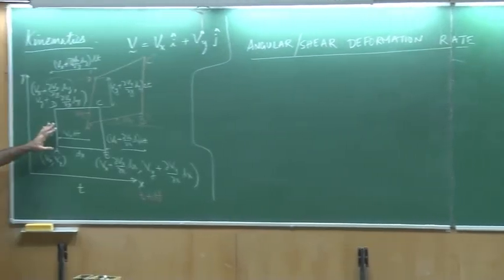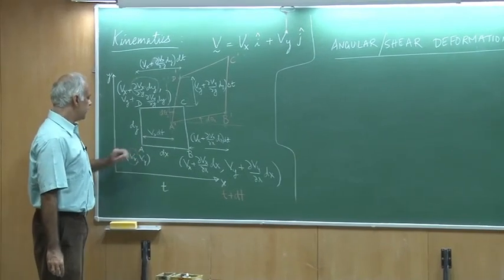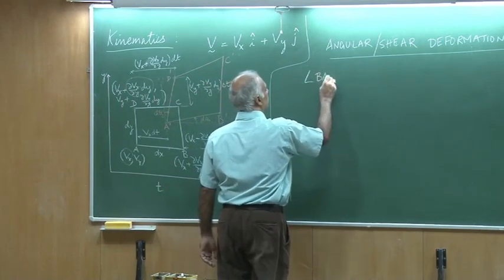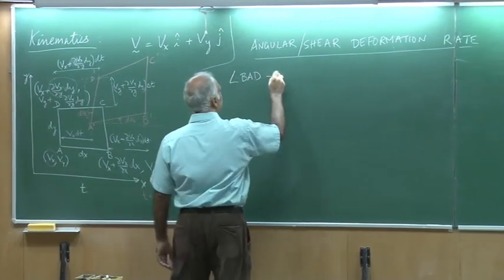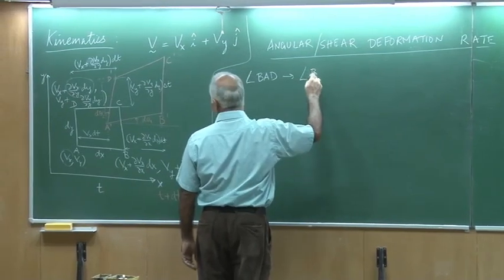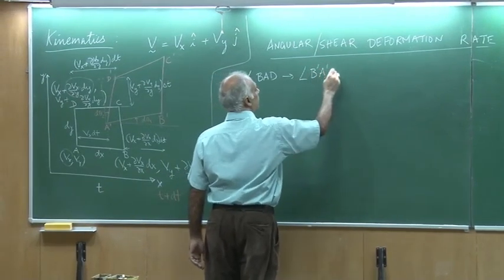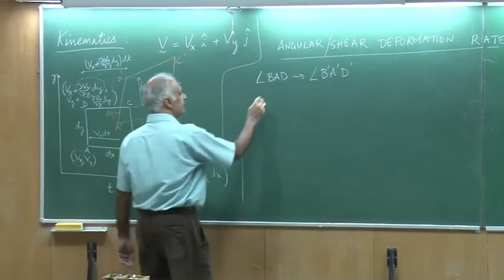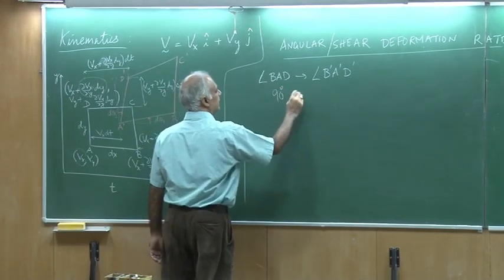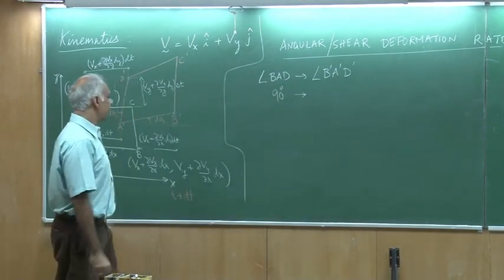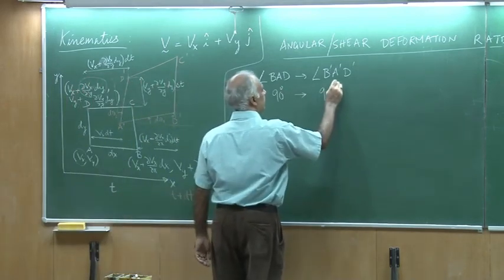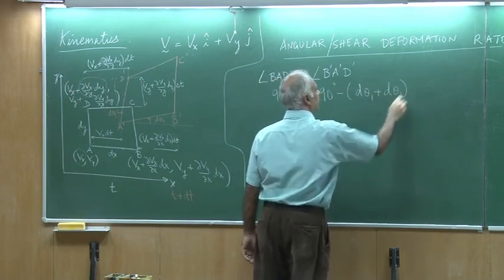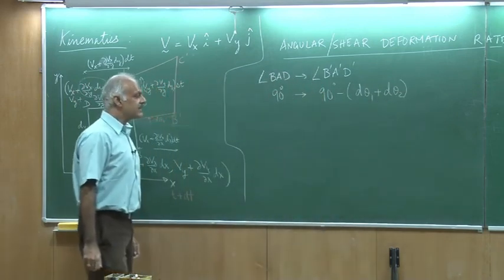We come back to the figure, and what we notice is that the angle BAD changes to angle B prime A prime D prime. So, from 90 degrees it changes to something like 90 degrees minus d theta 1 minus d theta 2. So, the angle has reduced.